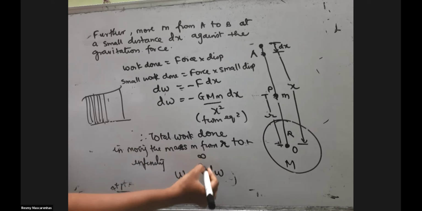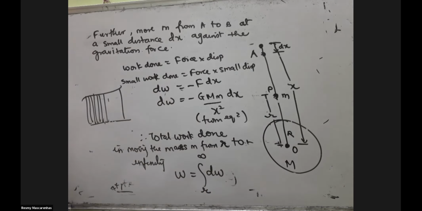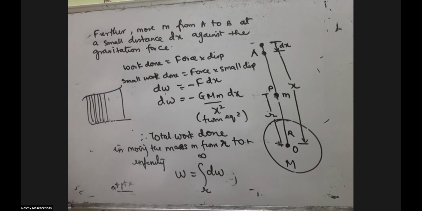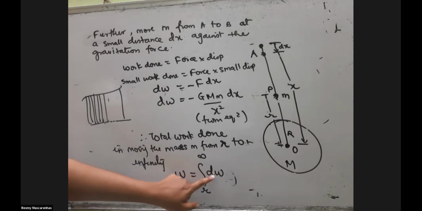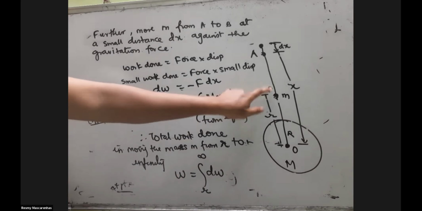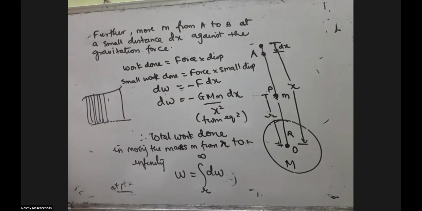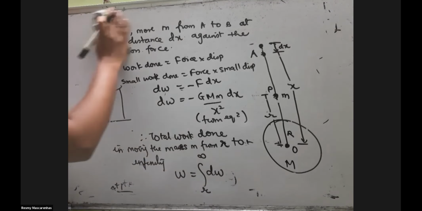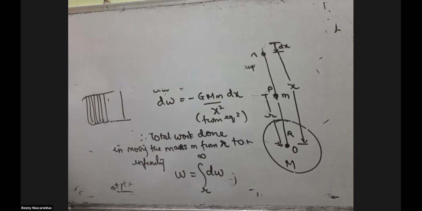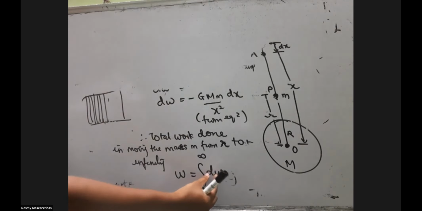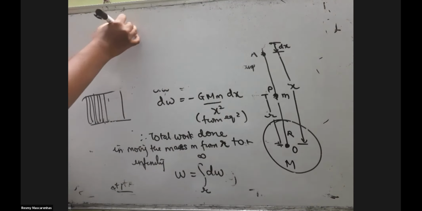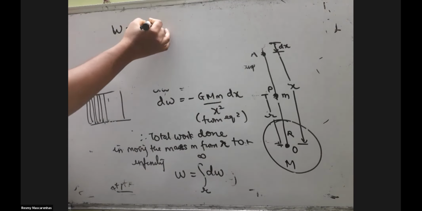From where to where? From R to infinity I'm taking. From R to infinity, so from here to here. Now put the value of dW here. The big work done is nothing but the addition of all small work.